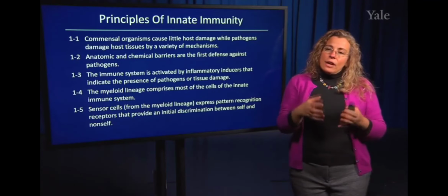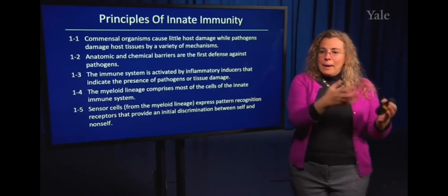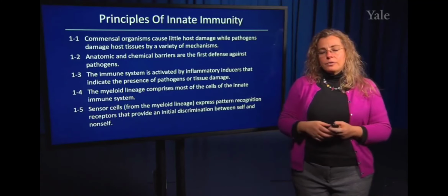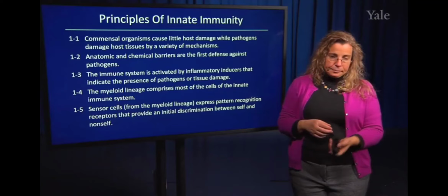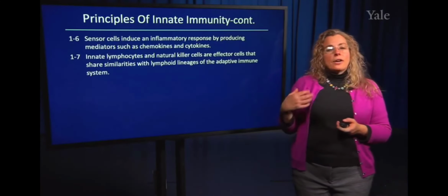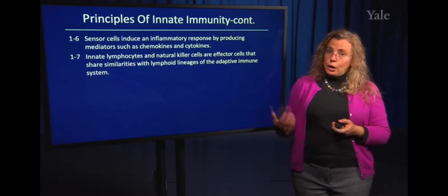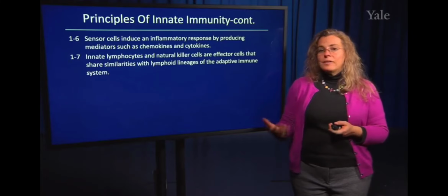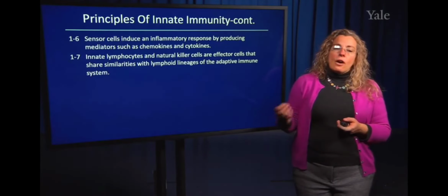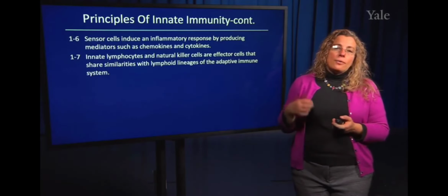And again, they're identifying broad classes of pathogens by patterns that look different among those different pathogens. Those sensor cells can also induce inflammation, and that's a way of recruiting help to the site. It's sort of sounding the alarm.